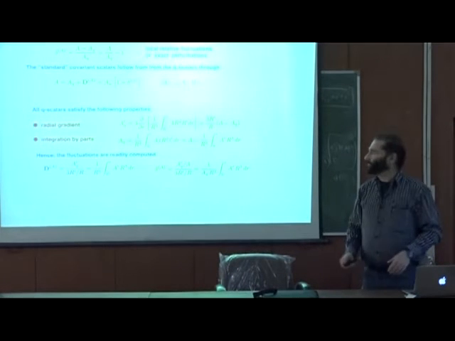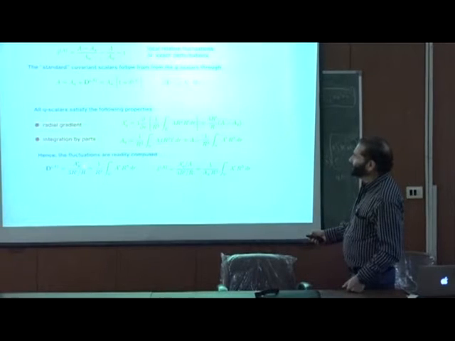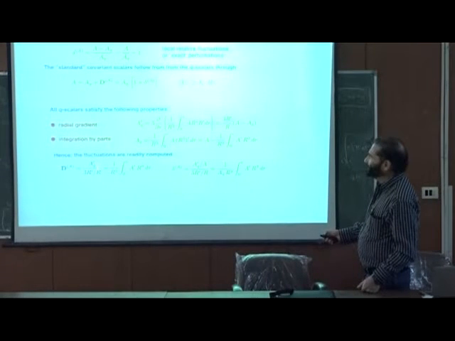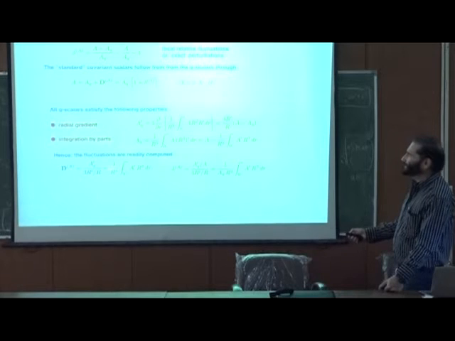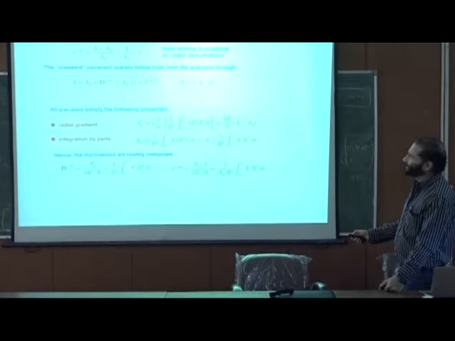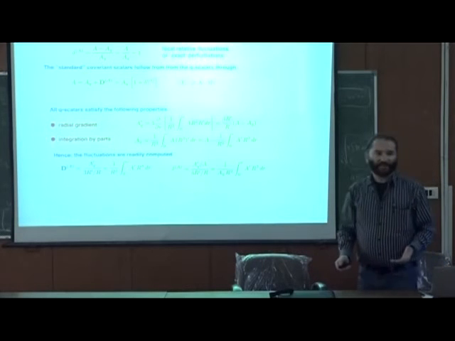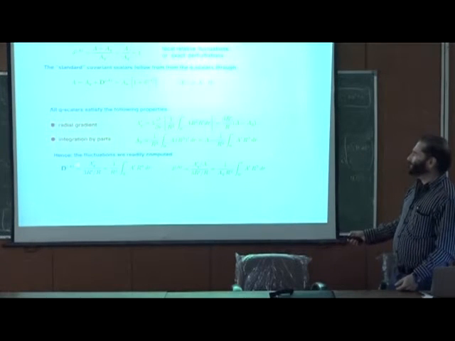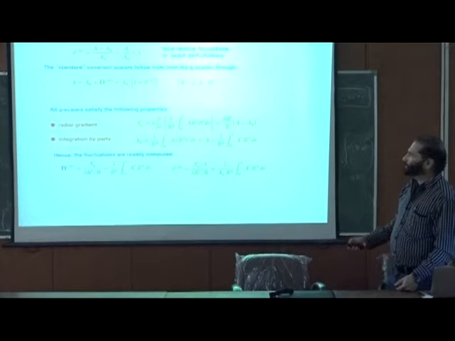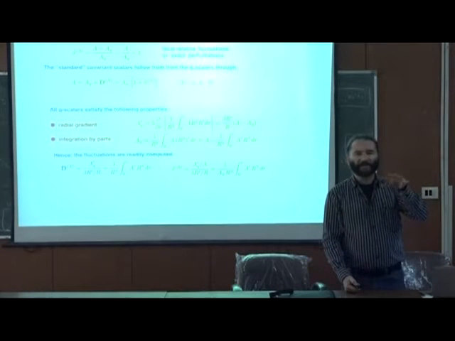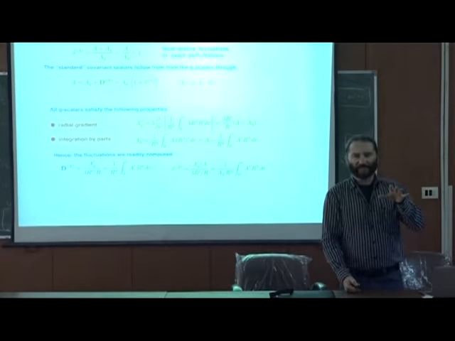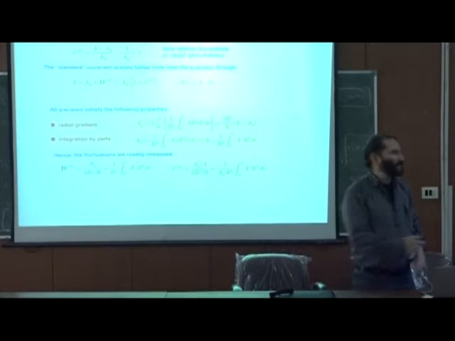Once we have the Q-scalar, we do these things, depending on which one. Here you need the gradient of the Q-scalar, and here you need the gradient of the scalar itself. So essentially, all these things show that the fluctuations are very dependent on the gradients of the scalars.